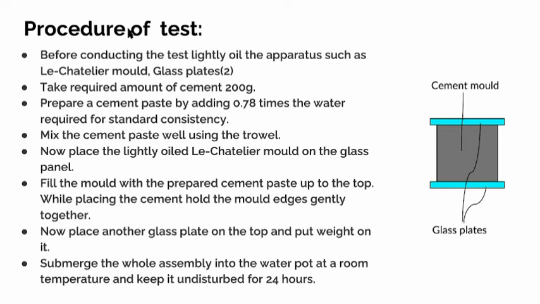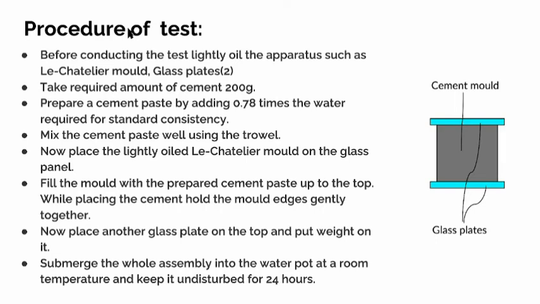Procedure of the test. Before conducting the test, the mold and the glass plates should be applied a thin layer of oil so that the cement does not stick to the surface of the mold.